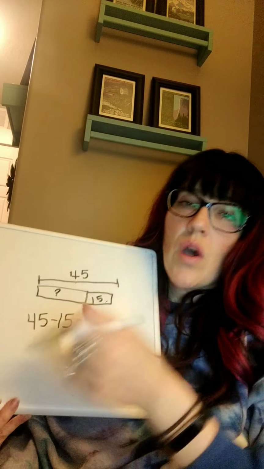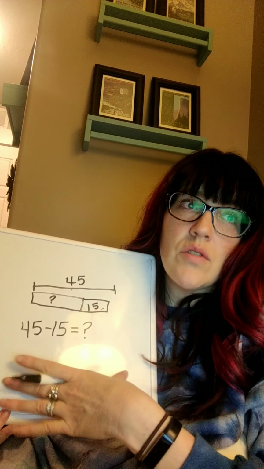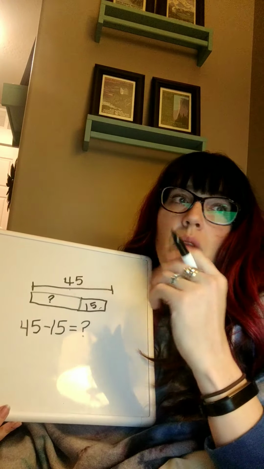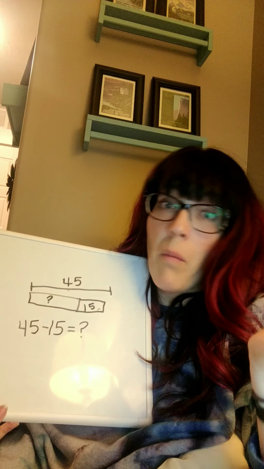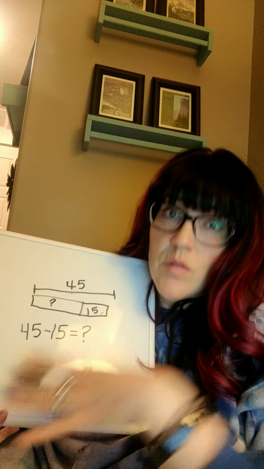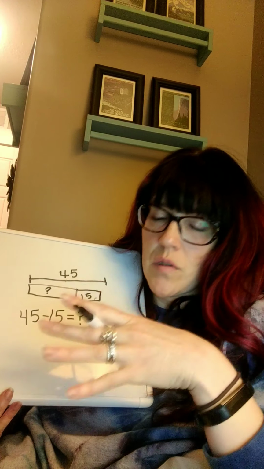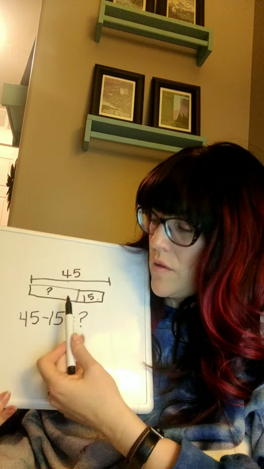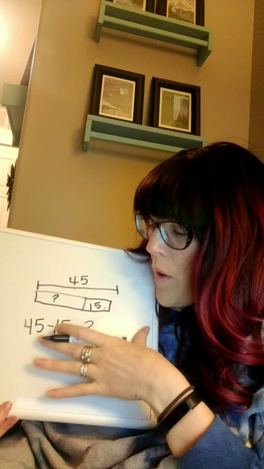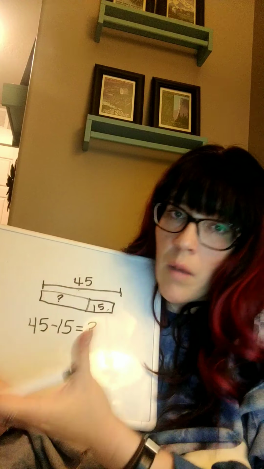Okay? So just like what we can do with the addition problems, with models, we can also use number lines to model and match problems as well. So let's take this problem again, and instead of this bar model, we're going to change it to a number line.